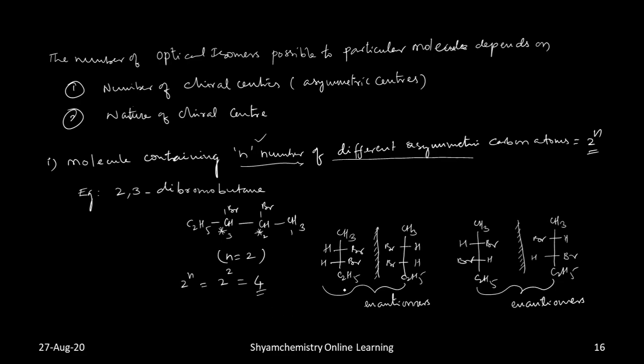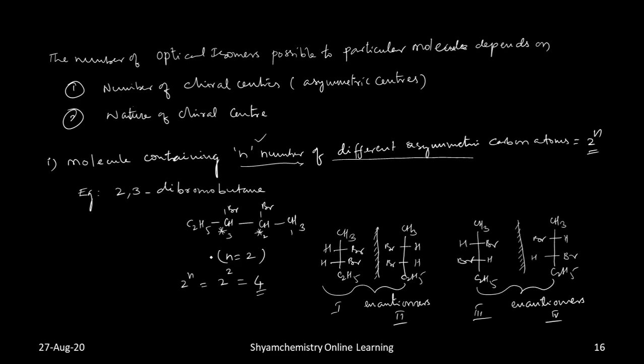So two enantiomeric pairs. Total 4 optical isomers are possible for the given 2,3-dibromobutane molecule: 1, 2, 3, 4. Okay, so it is the first type of calculation, which depends on number of chiral centers.